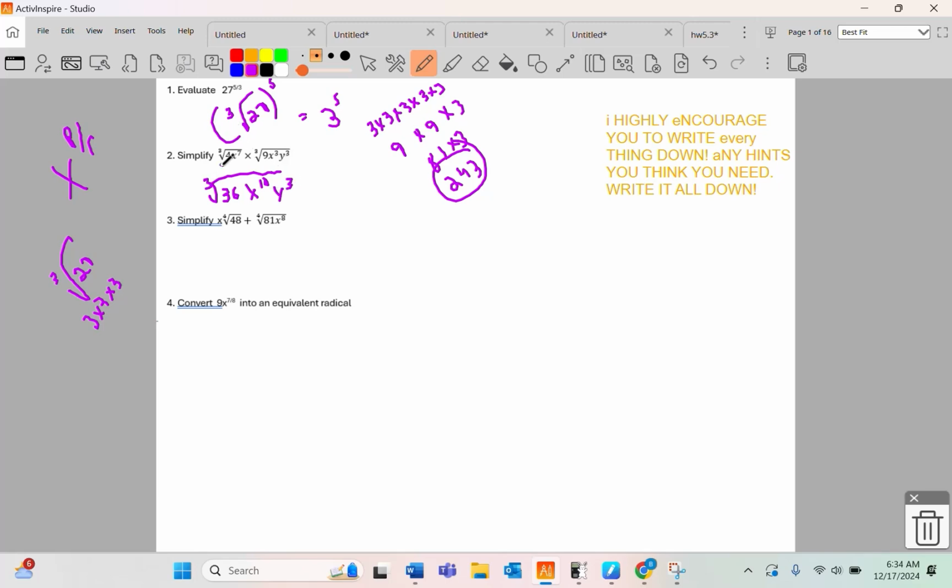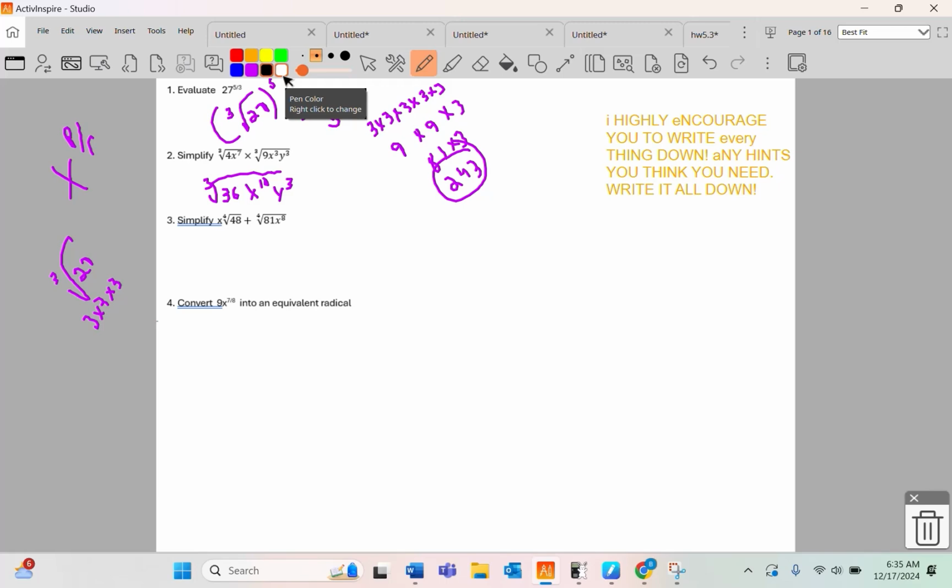Now this was a cubic root, which means I need to think about factors of numbers that I can take cubic roots of. 36, this may not be the best one to ever look at here. 36 is just 4 times 9, which is 4 times 3 times 3. There's nothing you can do with the 36. There is no cubic root of 36.